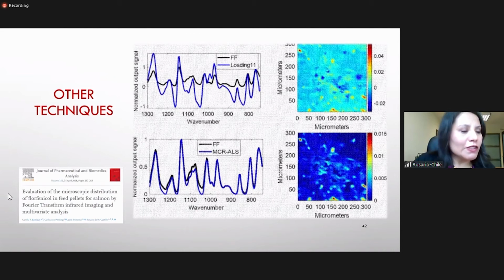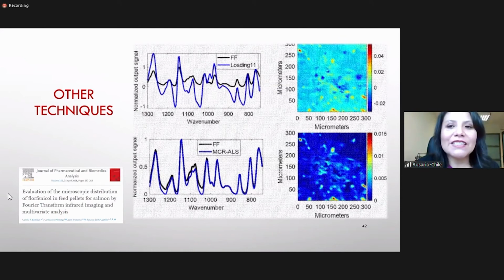So regarding another techniques to use with multivariate analysis, I want to show you something about chemical imaging. So yesterday we heard about the magnetic resonance images, and it's very interesting because it has a very good resolution and another ability to obtain different depths information.